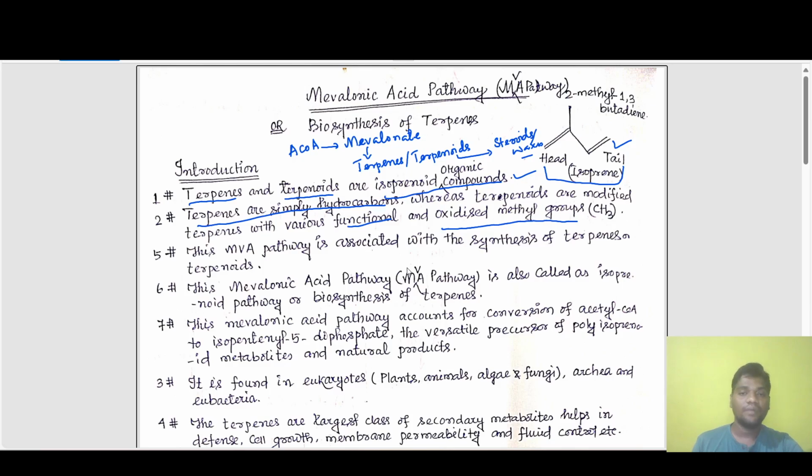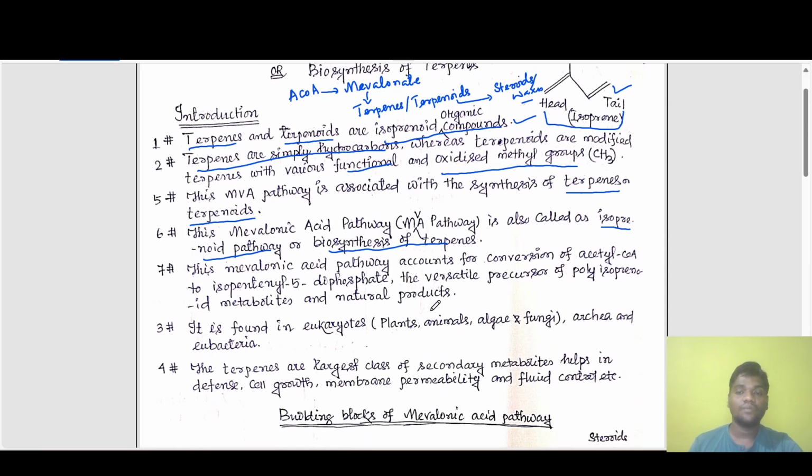Now this mevalonic acid pathway is associated with terpenes or terpenoids, so it is also called the isoprenoid pathway, or the biosynthesis of terpenes. For this pathway, one significant precursor molecule is essential, not two.